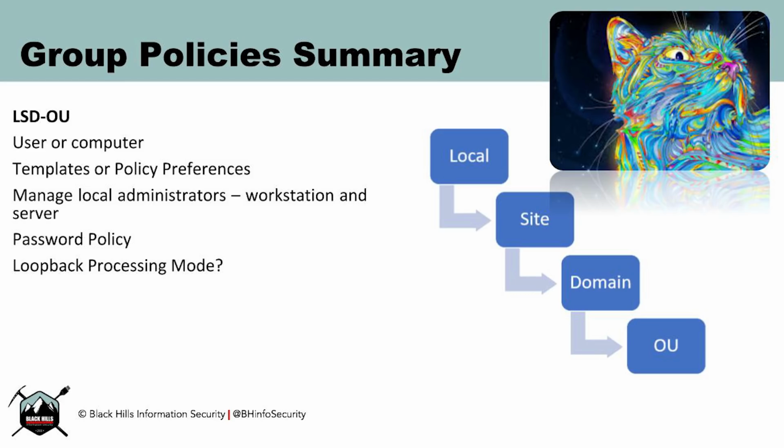So this is a really great one that I did not come up with. The same class that I took earlier, LSDOU. It's funny because it has LSD in it. So the idea here is local, site, domain, OU. When you apply a group policy, this is the way they're going to flow down and the way that they're going to get applied and reiterated and replaced.